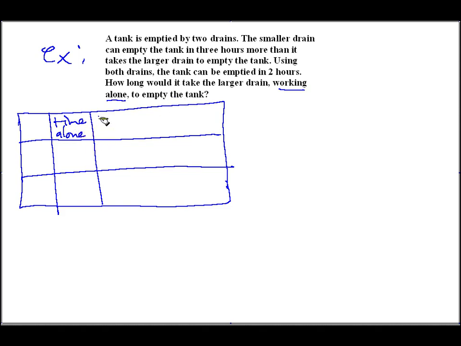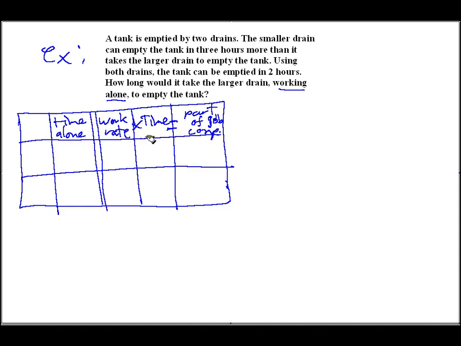All right, so time alone column. And then what do we have? We have the work rate, times the time worked, how much time you put into the job, equal to how much of the job you complete, part of job completed.